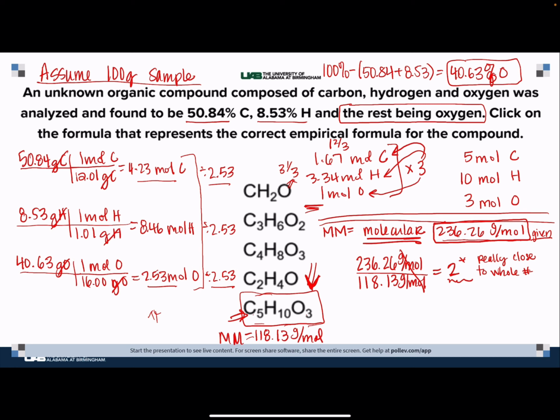So I essentially need to take this and multiply it by 2. And when I say multiply it by 2, I mean the subscripts. So my molecular formula is going to be C10H20O6. If you want to double check yourself, figure out what the molar mass of this is. It really should equal that.